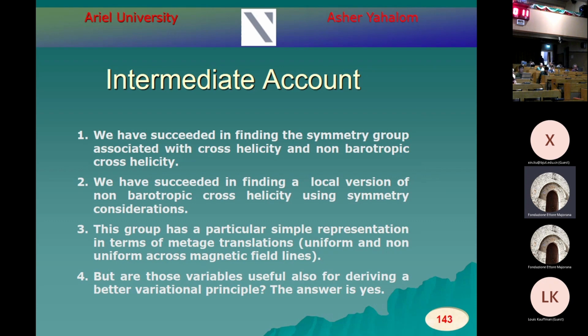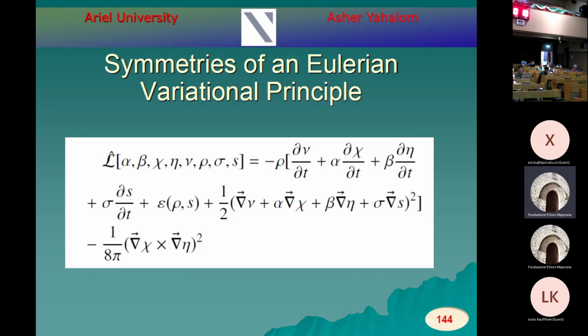We have succeeded in finding a local version of non-barotropic cross-helicity using symmetry considerations. This group has a particularly simple representation in terms of METAG translations, uniform or non-uniform across magnetic field lines. And those variables are useful also for deriving, that's a question, yes, for deriving a better variation principle, I would like to say that yes.